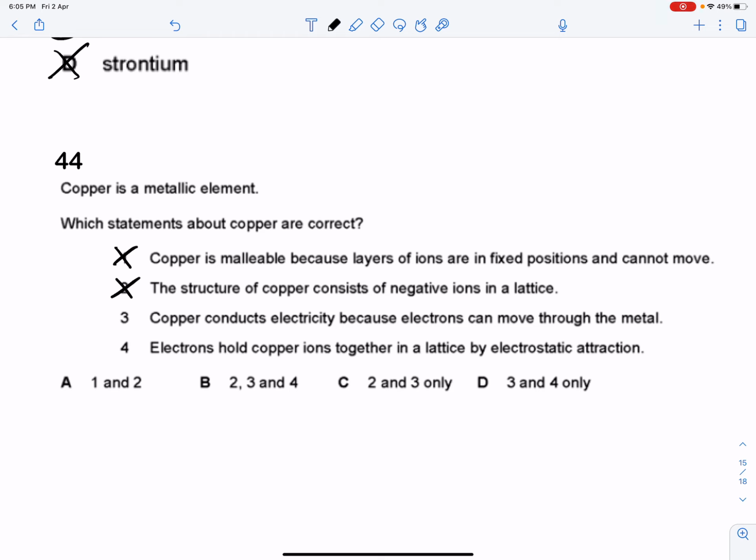No. Copper conducts electricity because electrons can move through the metal. Yes. Electrons hold copper ions together in a lattice by electrostatic attraction. Yes. So the answer must be 3 and 4. D. Perfect.